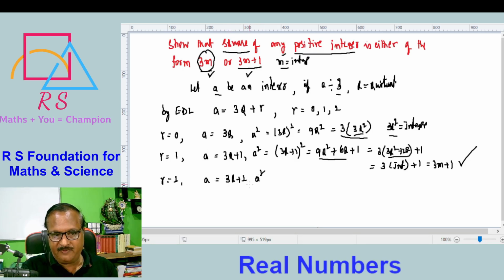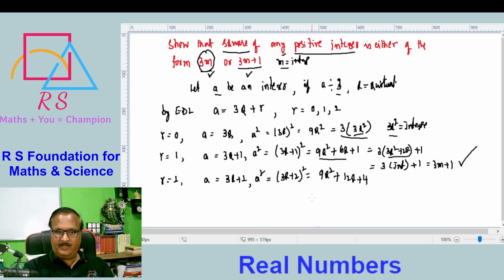Now a square we want. a square is equal to 3q plus 2 whole square. Let us again use a plus b whole square. So 9q square plus 2 into 3 into 2 is 12q plus 4. So then whether we can write this in the form of 3m or 3m plus 1, that we have to check.